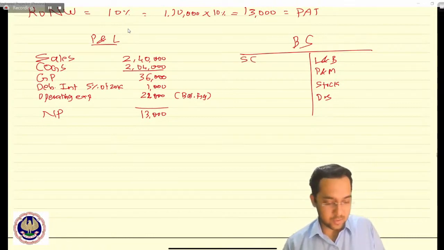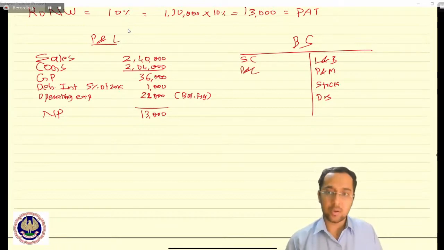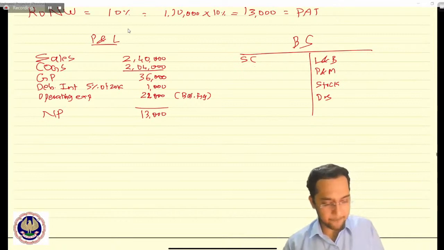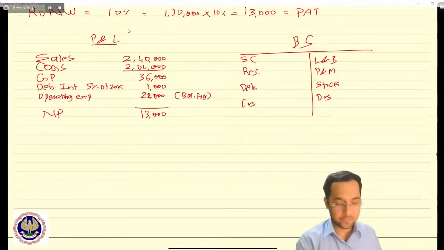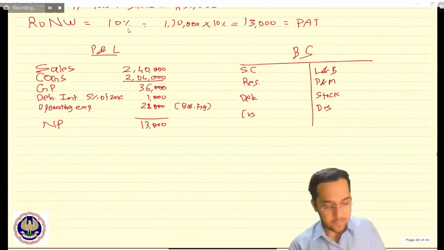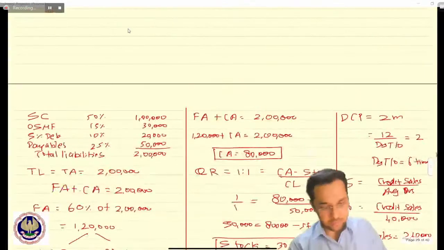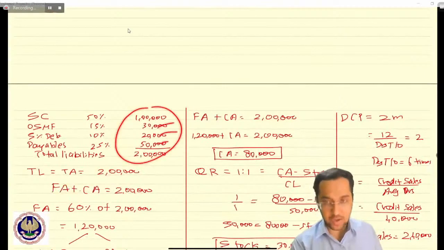We have P&L balance. Reserves, we can simply say. We've got the debentures. We have got the creditors or the payables also. So out of this, we have already computed these numbers. The numbers like 1,30,000, 20, and 15.